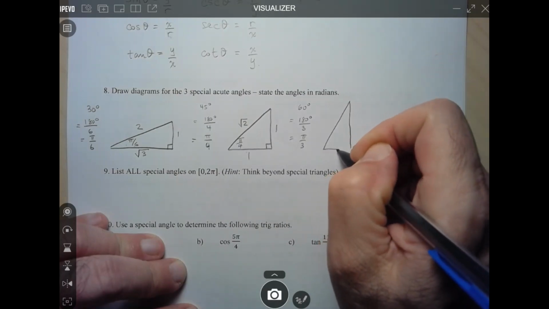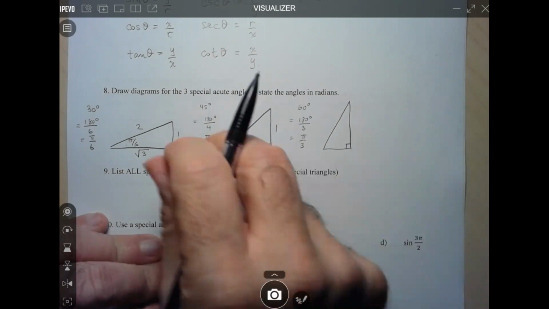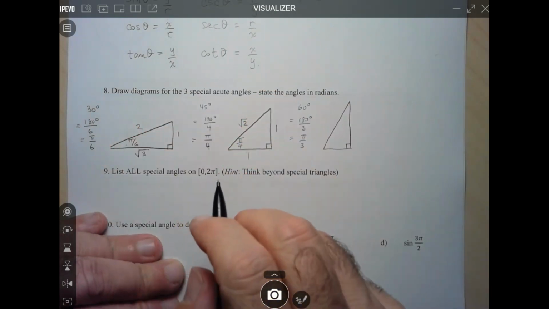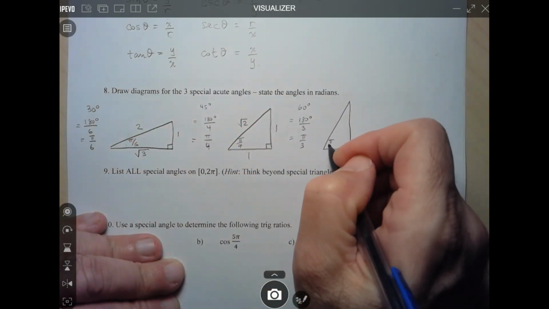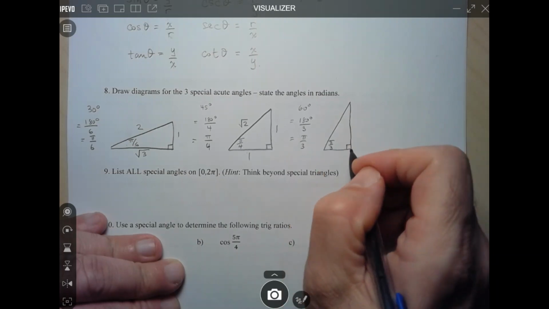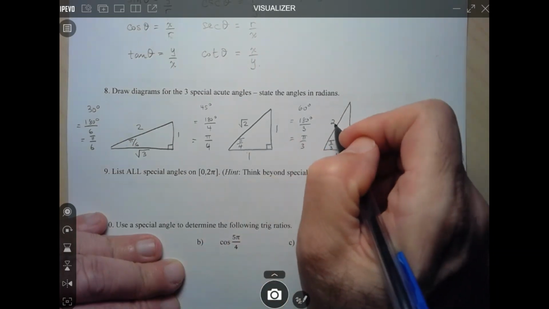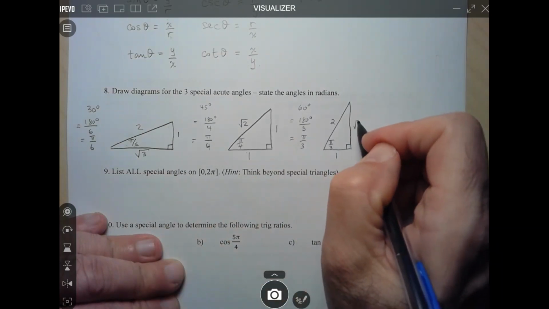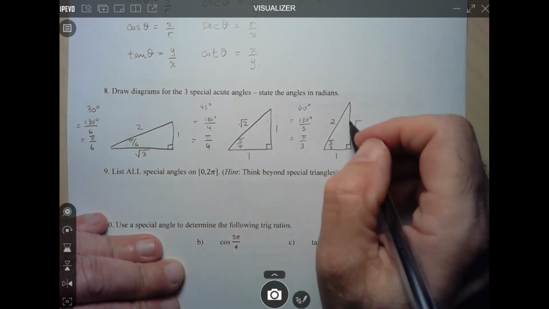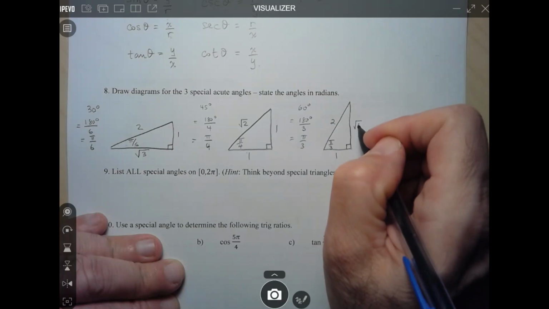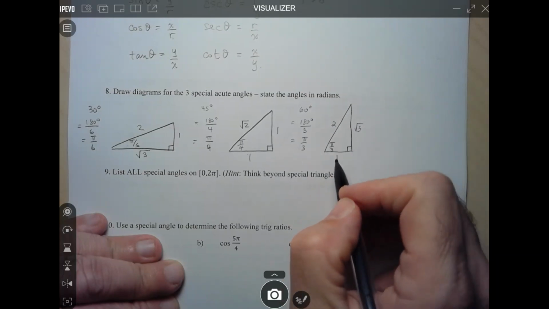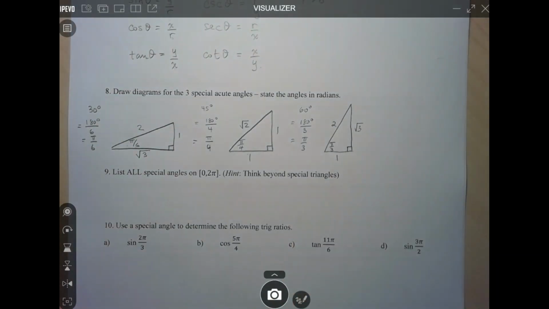Okay, but essentially, it's just this triangle flipped around. So here my angle is pi over 3, but now the adjacent down here is the shorter side. Hypotenuse is still 2, and it's the height, the opposite side, that is longer than the adjacent side.